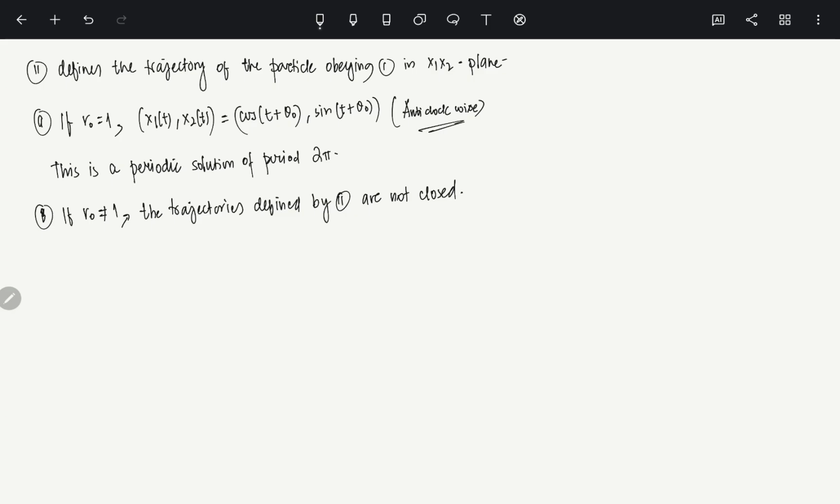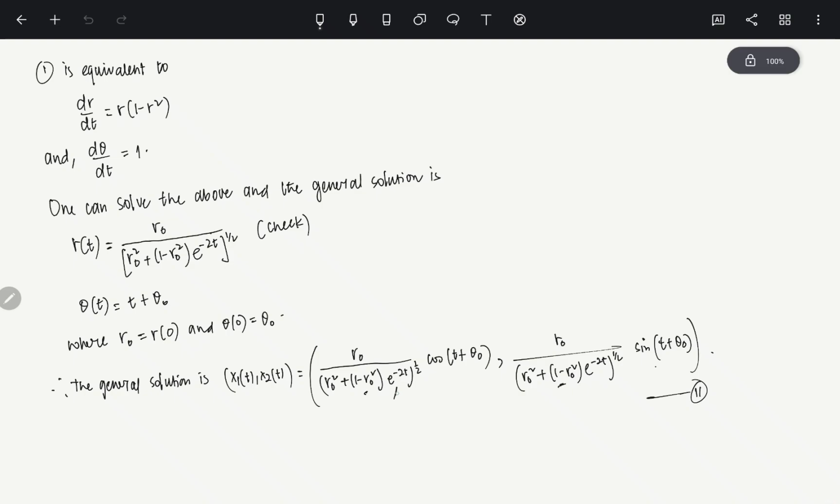Since this e power minus 2t part is there, you do realize that basically this will be something like a spiral kind of thing. It has to be, right? That's just the graph of this particular locus.